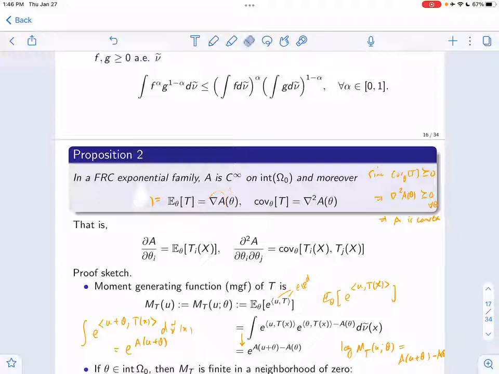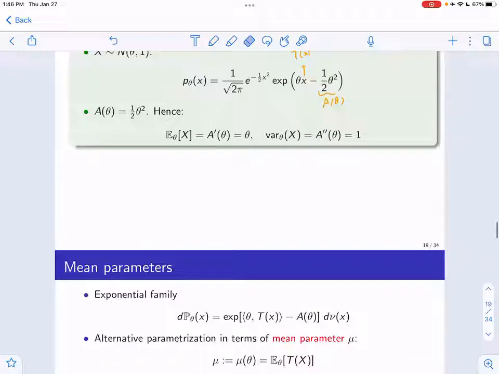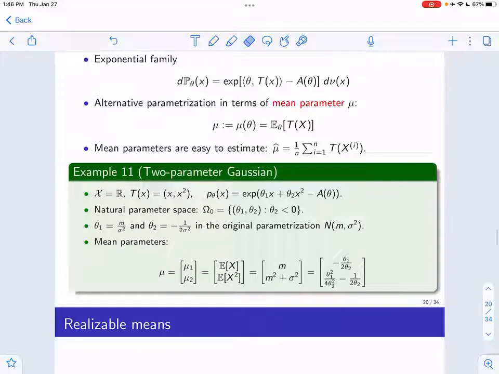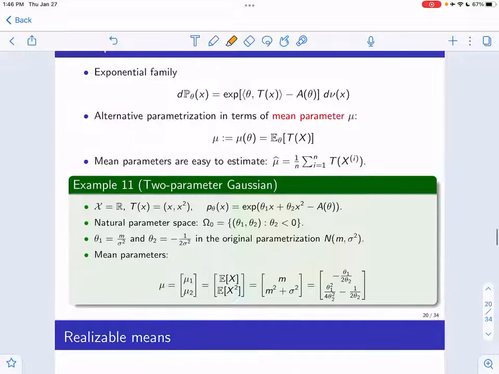And the mean parameter is easy to work with because it's easy to estimate. So the mean parameter, if I call it mu, I can always estimate, because it's the expectation of T of x. If I have a sample of size n, I can estimate it by the sample mean. Whereas this theta is not so obvious how to estimate.